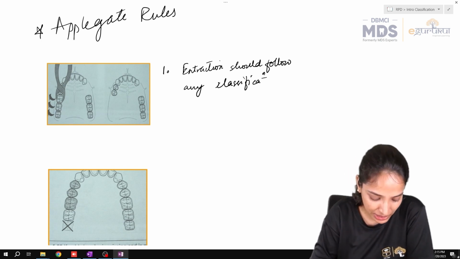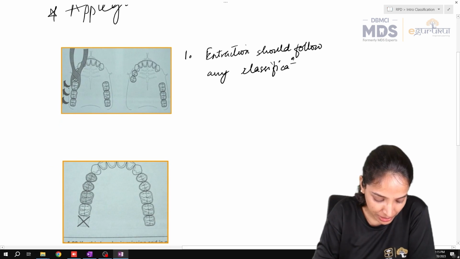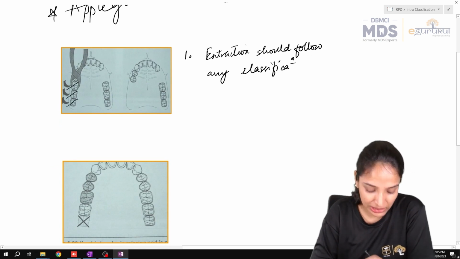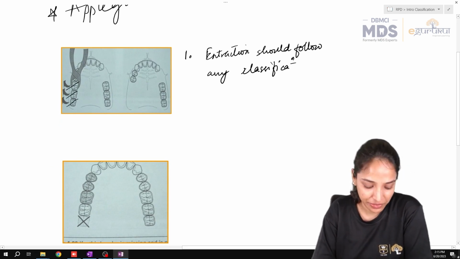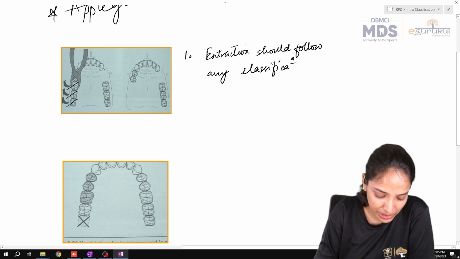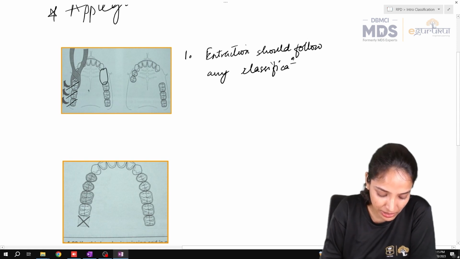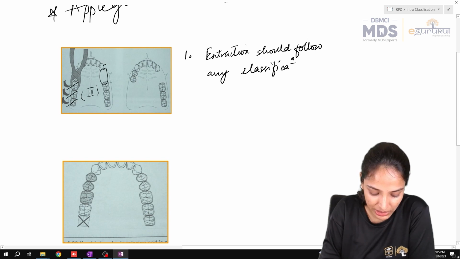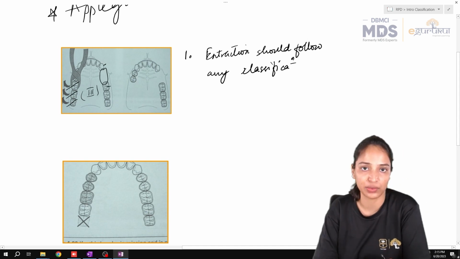As we can see in the first photo over here, these particular teeth are indicated for extraction. Now, if we classify this particular edentulous arch before the extraction, it becomes a Kennedy class 3 situation. Why? Because it is bound by natural teeth located anteriorly and posteriorly to it.